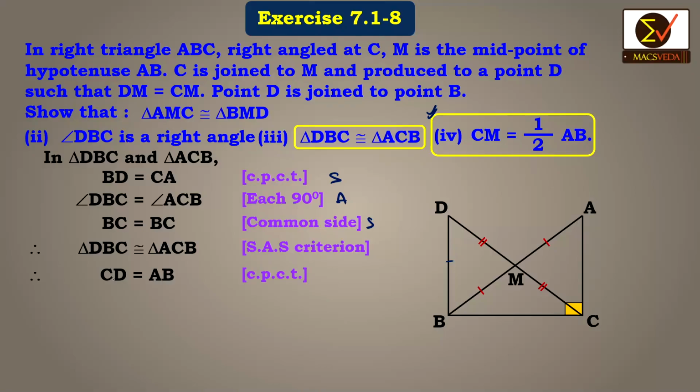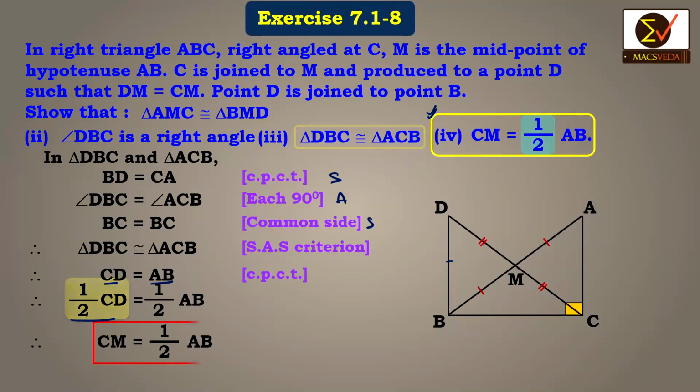So, side CD and side AB are equal. Now, I multiply on both sides with half. So, half CD is equal to half AB. But M bisects the line CD, because we extended CM to D such that CM is equal to DM. So, CM is half of CD. So, half CD is nothing but CM. So, you get CM is equal to half AB. That is your fourth question answer.